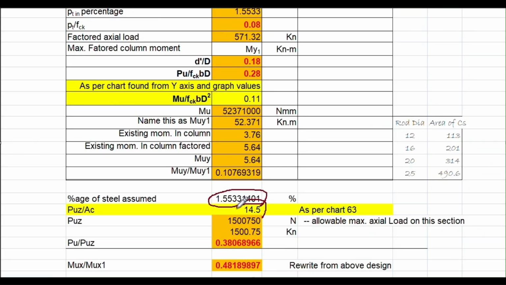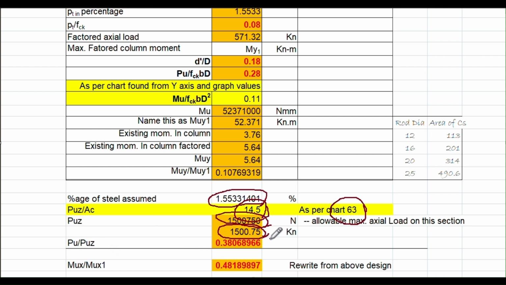This is 14.5. From chart number 63, we are arriving at this as 14.5. For the PUZ, putting this 14.5, and we have already given this Ac, the area of steel, is already available. Equating this, for the PUZ we are arriving at this much Newton. Converting this into kilonewton, this value comes.